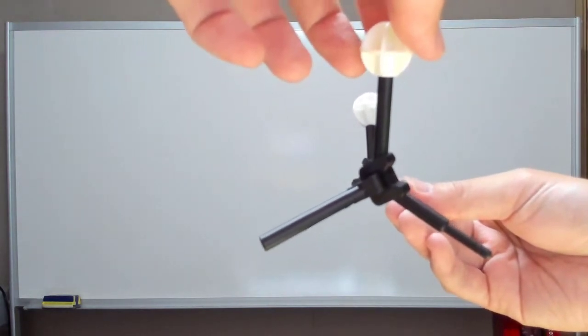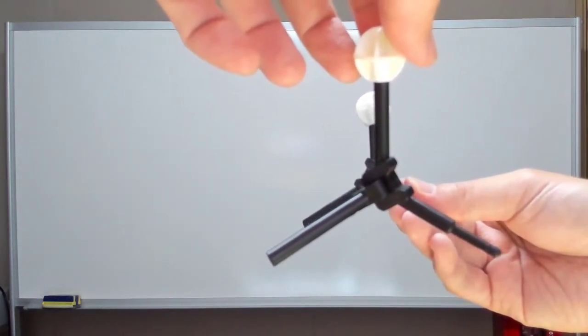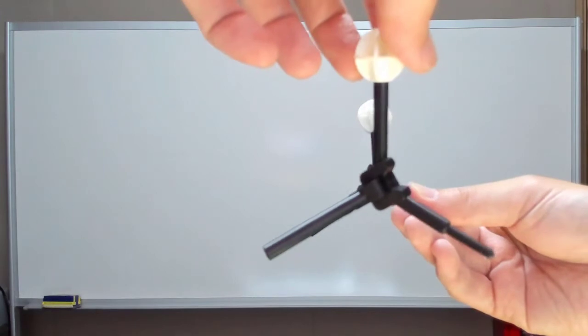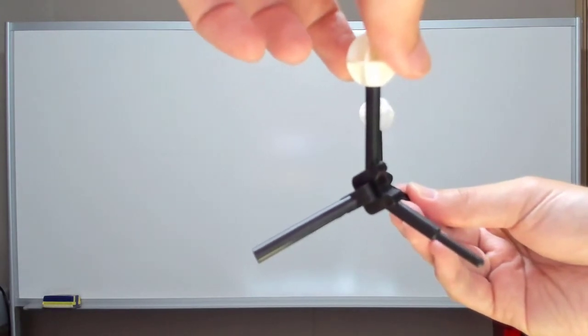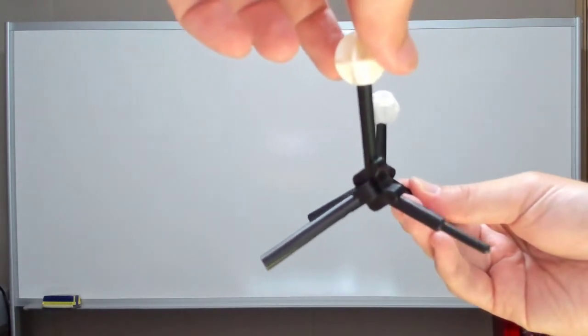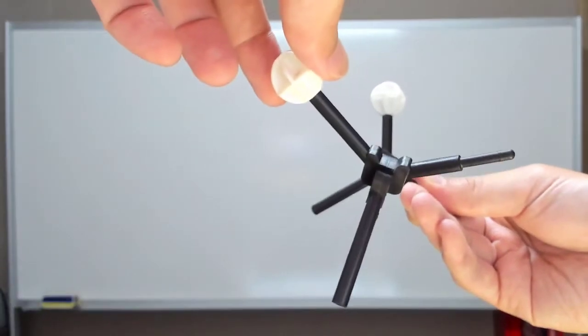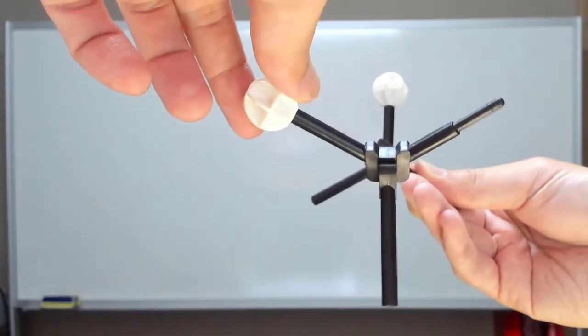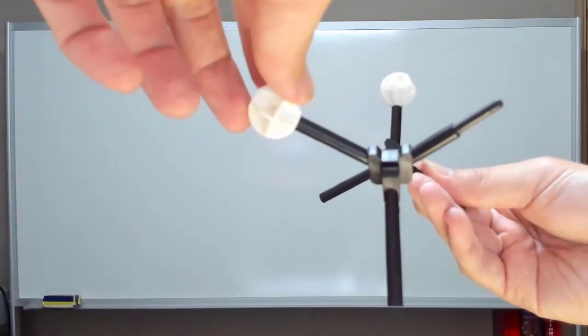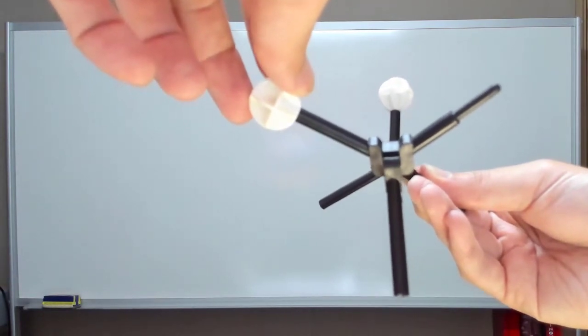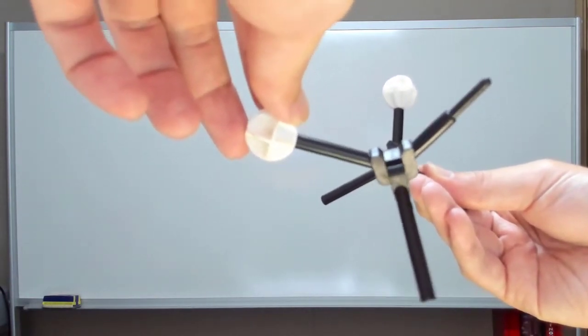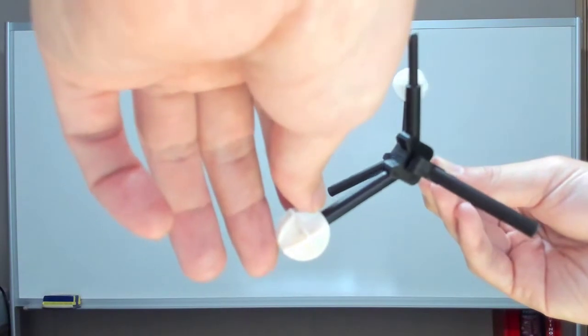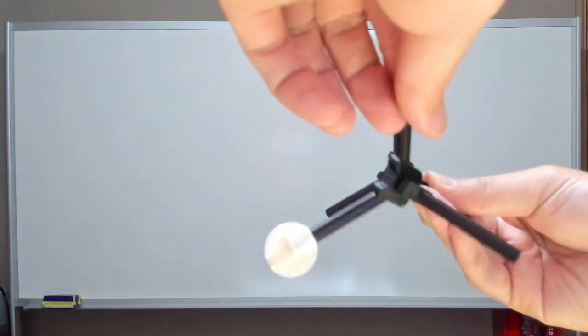After that, we normally show the students, either using computer modeling or by letting them play with the model, how you can rotate this to give you the staggered conformation. Then I rotate again, and you get back eclipsed.